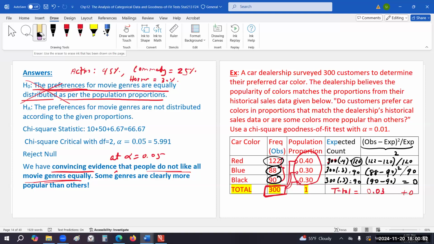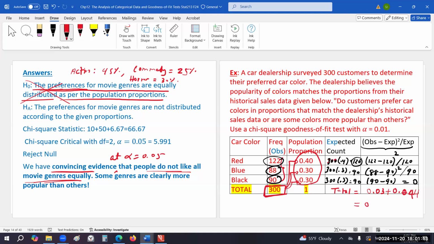We cannot have minus because I squared the quantity. When you square the quantity, the result must be positive. So you made a mistake somewhere. 0.044.